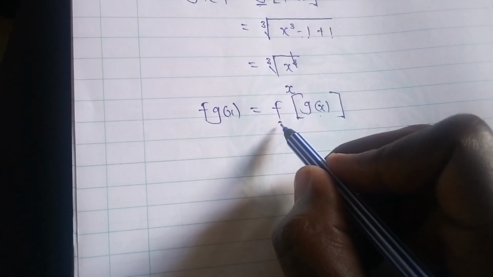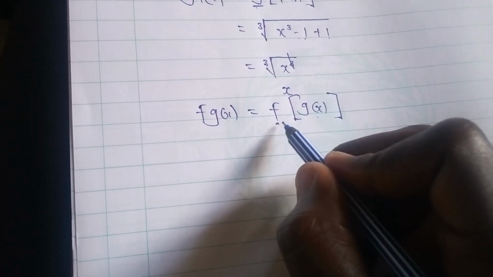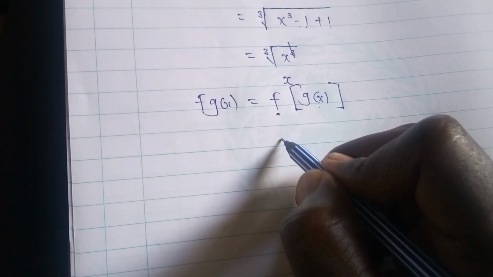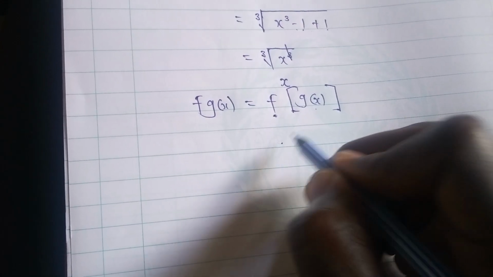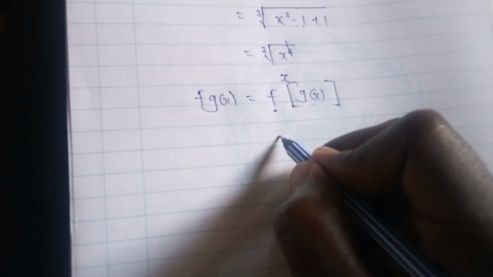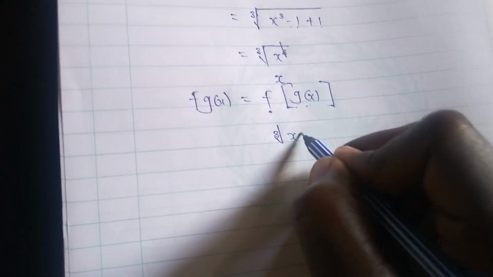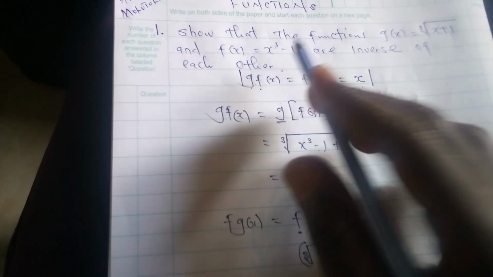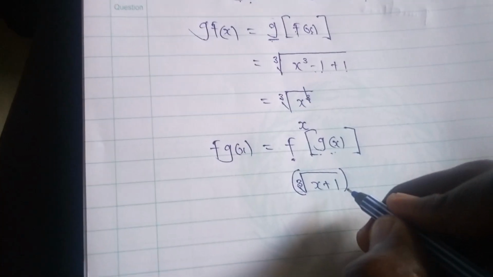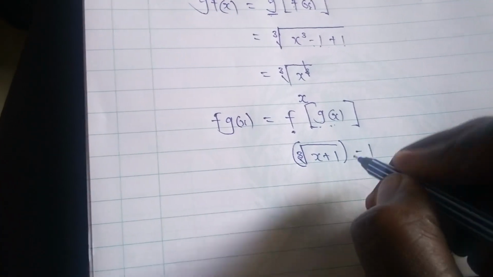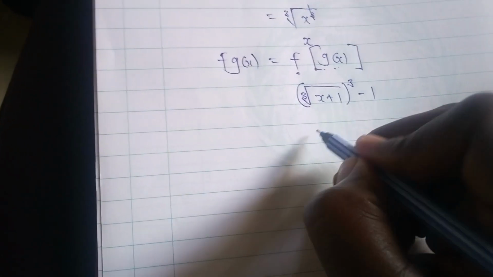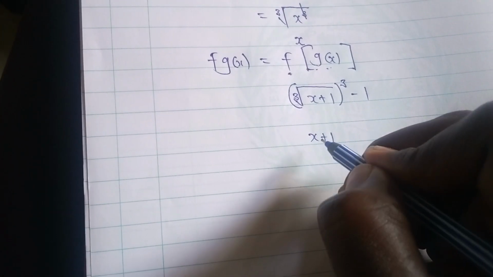The function f is x cubed. Now where there is x, we replace it with g, that is cube root of x plus 1. Don't forget that cube which is there. Then minus 1. So what you are going to obtain is x plus 1, minus 1.